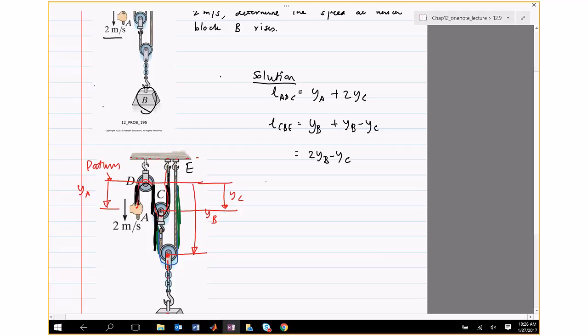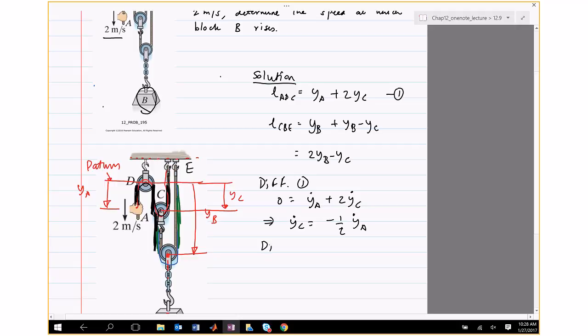So let's differentiate 1. So I have 0 equals ya dot plus 2yc dot, which means that yc dot... the reason I'm writing in terms of yc dot is because I'm not interested in the motion of yc. I would like to eliminate that eventually.